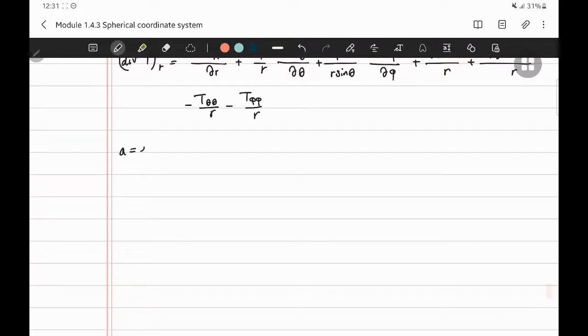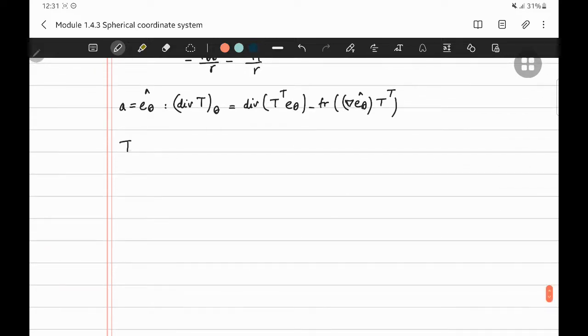Next, we select A as E theta. Therefore, the divergence of T, theta component, is the divergence of T transpose E theta minus trace of del E theta T transpose. So here T E theta becomes T_J theta E_J and is equal to T_R theta E_R plus T_theta theta E theta plus T_phi theta E phi.